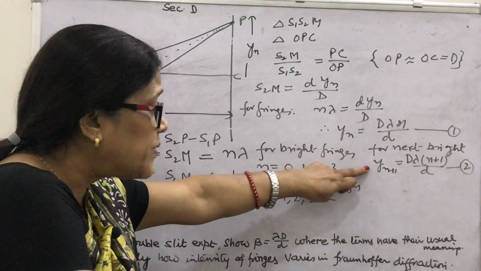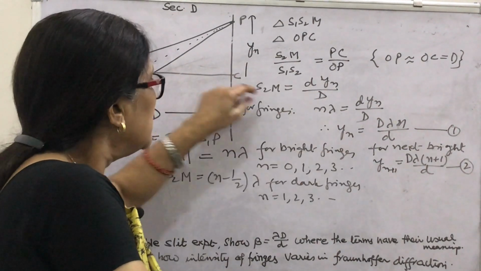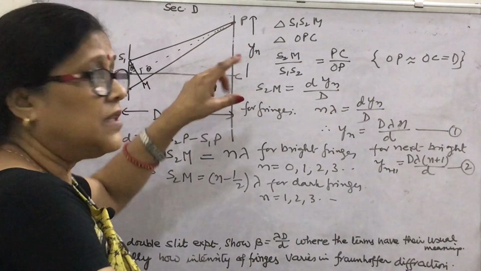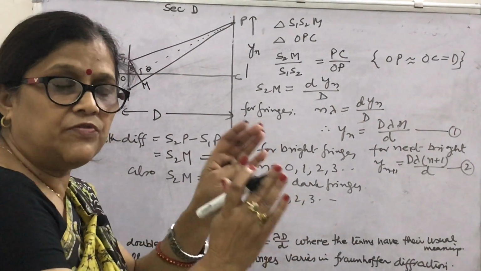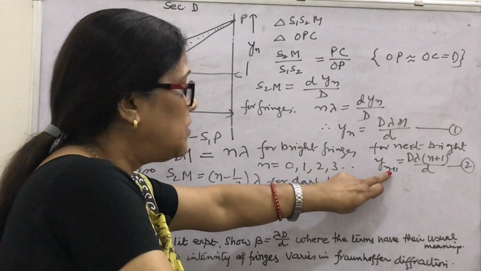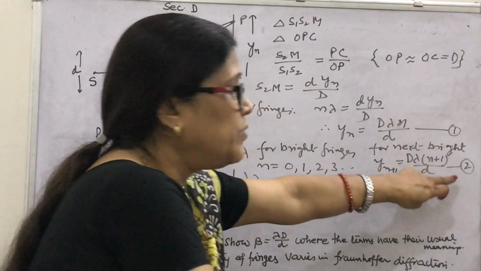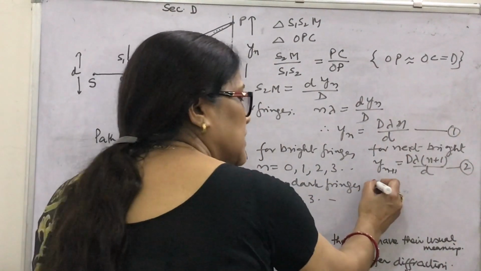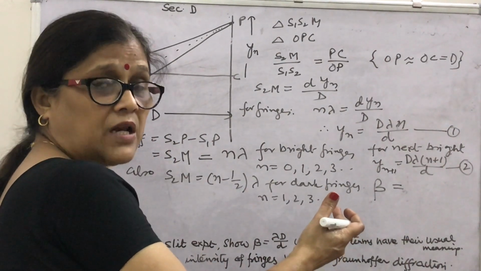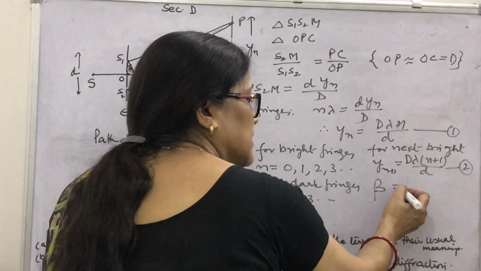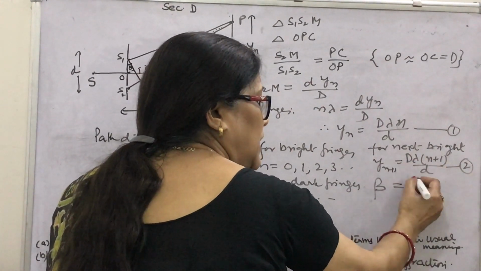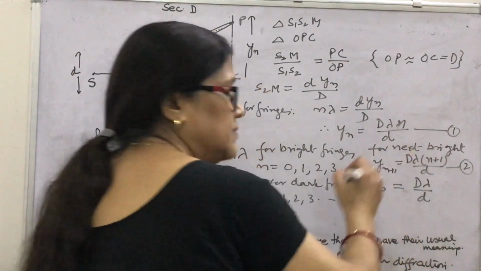So if you subtract yn from yn plus 1, you get the fringe width. If you subtract equation 1 from equation 2, this beta, the fringe width, will be D lambda upon d.